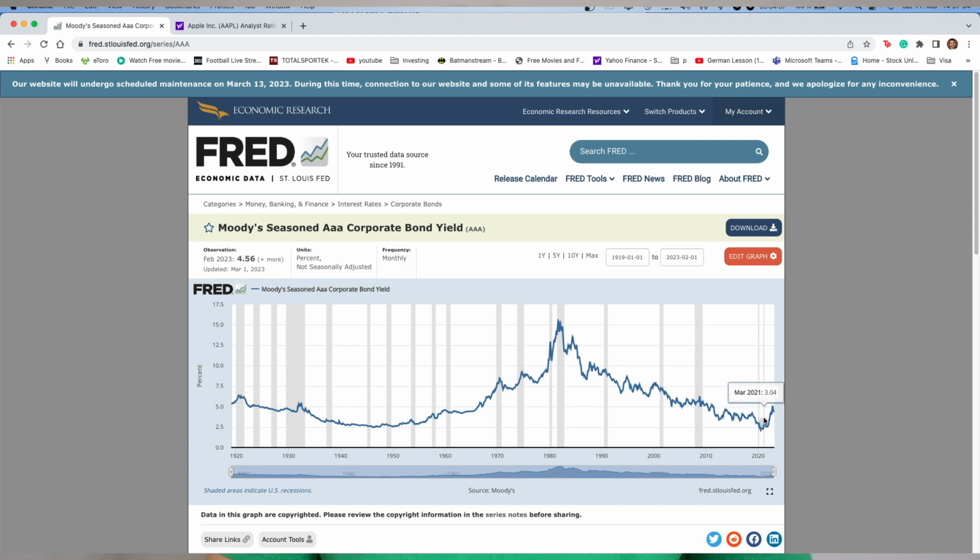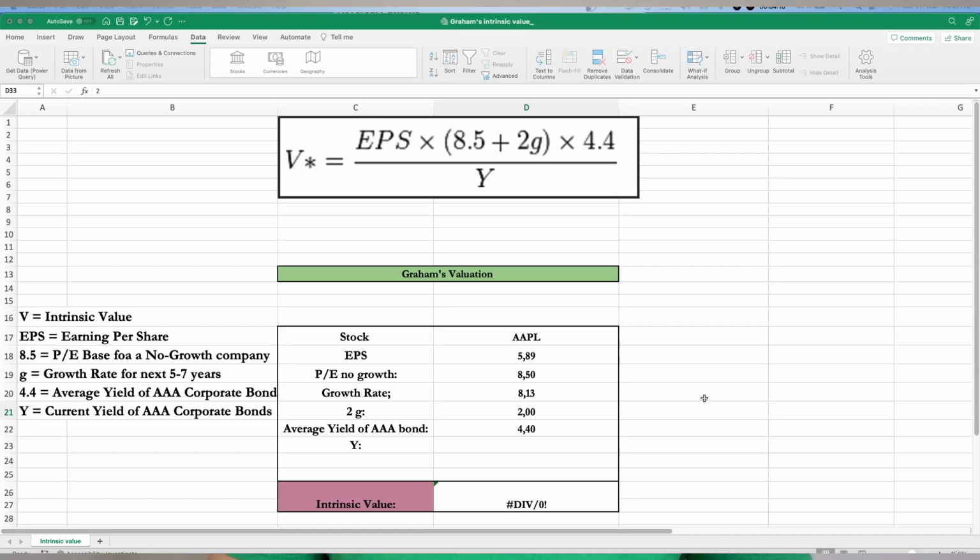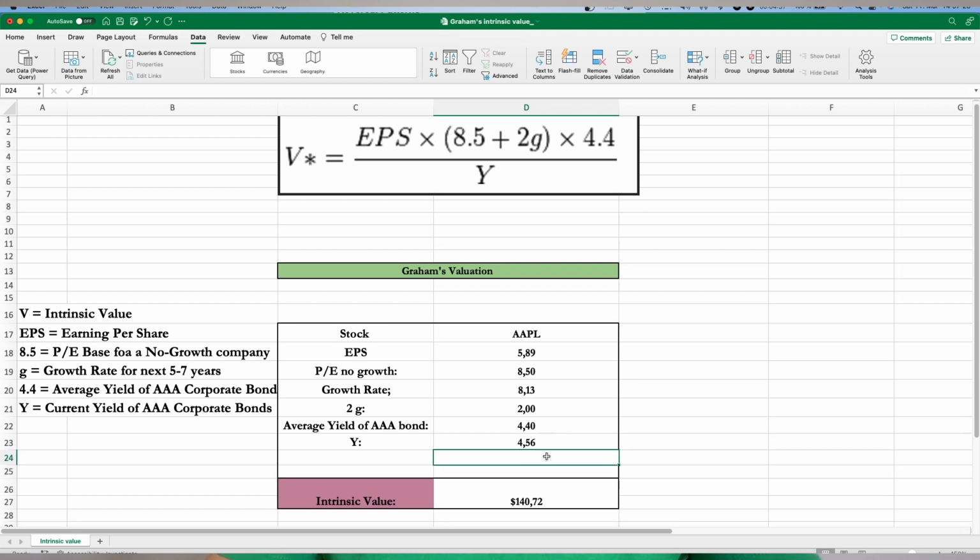Since then it has been going up, and as you can see currently, for 2023 in February, this value is sitting at around 4.56. So we can go back here and write 4.56, and this gives us the intrinsic value.